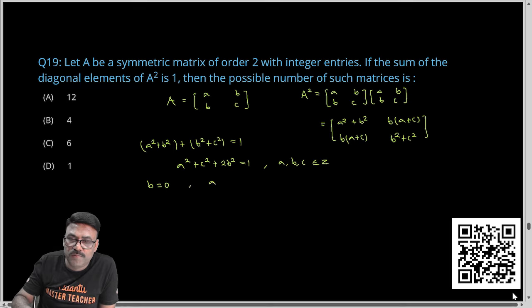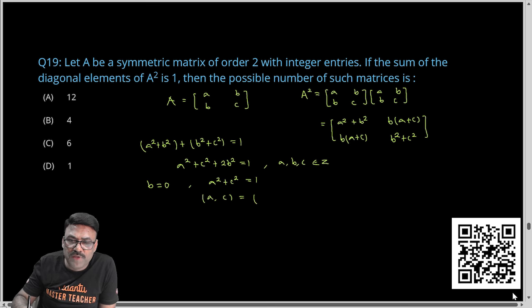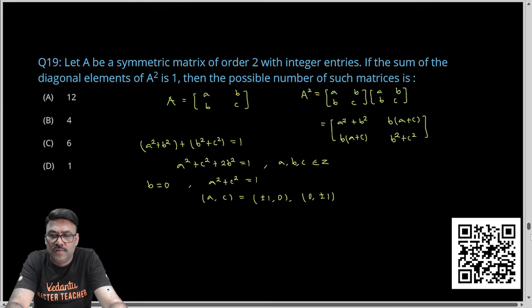So now A square plus C square is 1. If A is plus minus 1, C can be 0. Or if A is 0, then C can be plus minus 1. So basically 4 such matrices are possible here. Option B.